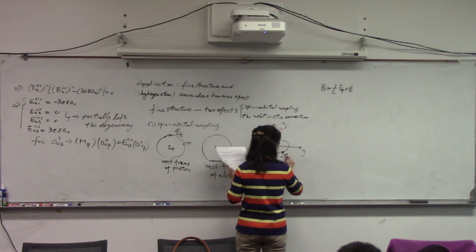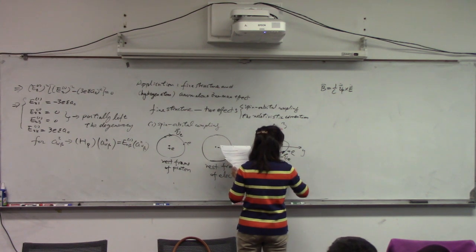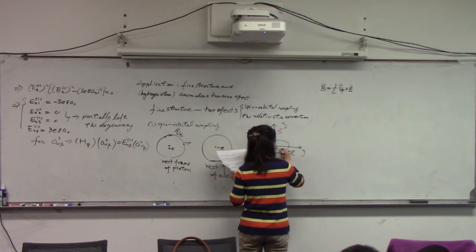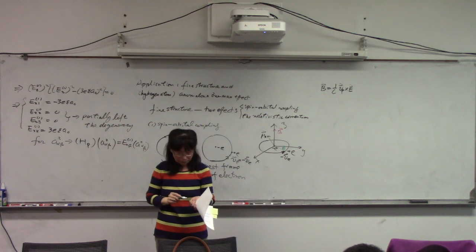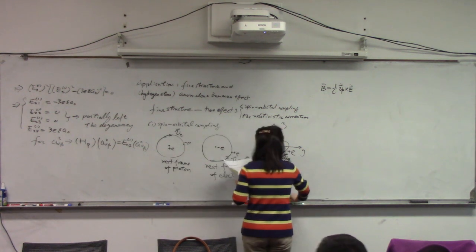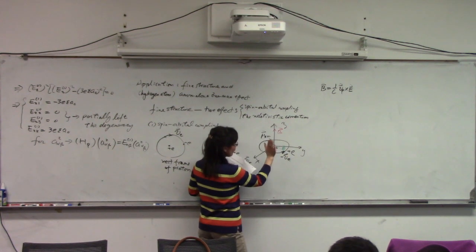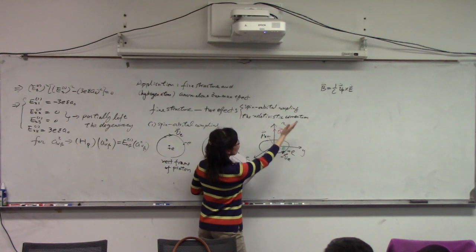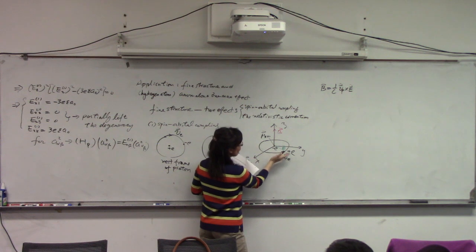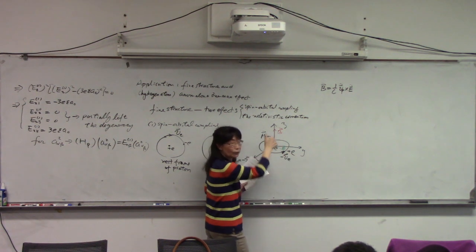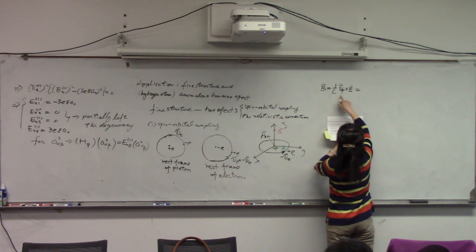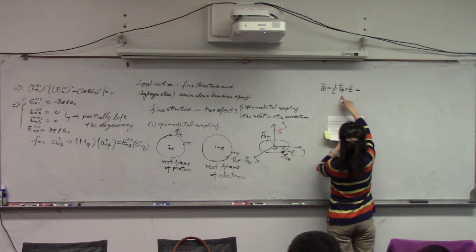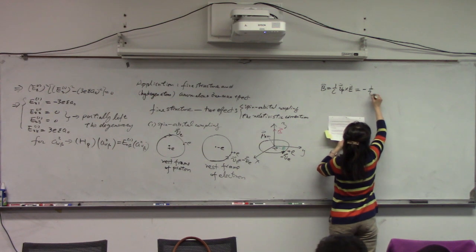Now this positive charge here, the direction of the electric field is from positive charge to negative charge. So that means the velocity, you see, if you cross this, that is this velocity, right? So that is the field.